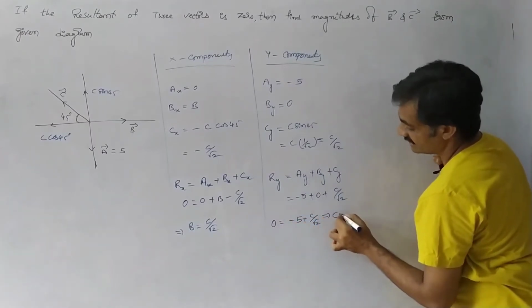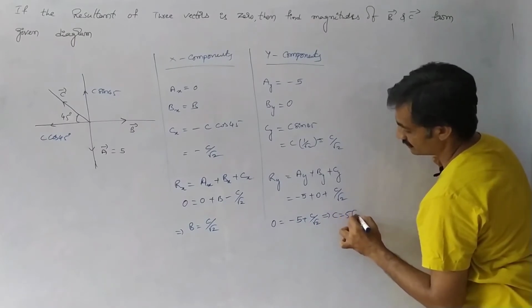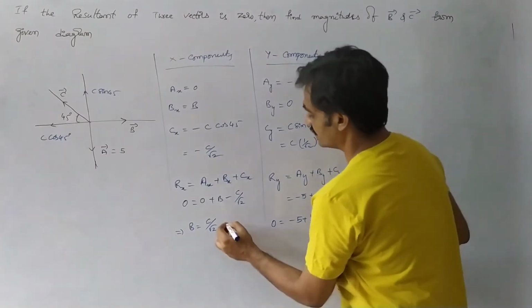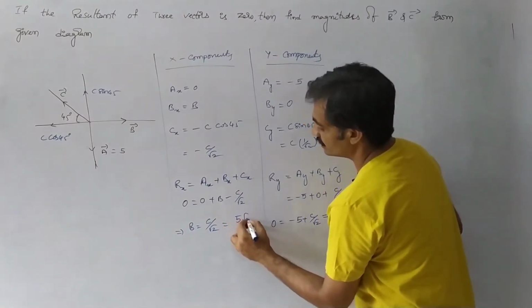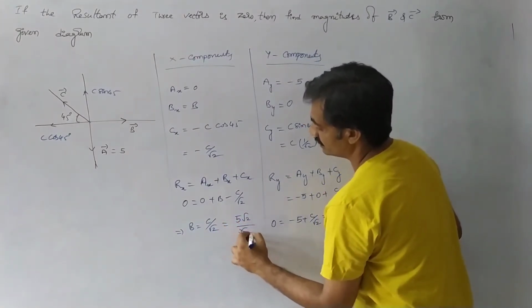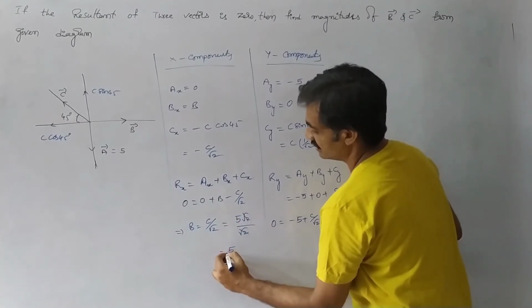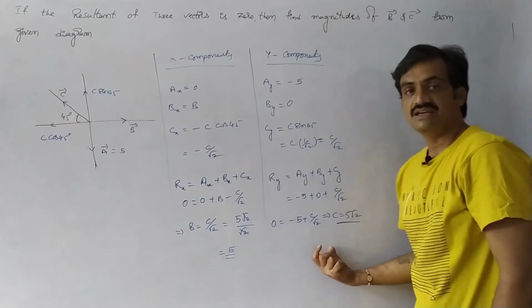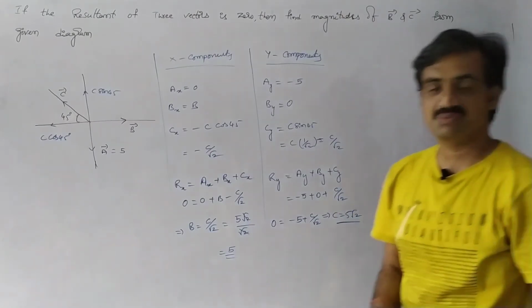From this equation we can write C equals 5 root 2. If we substitute this value in this equation, we have 5 root 2 by root 2. Root 2 and root 2 get cancelled. We get B equals 5. So these are the magnitudes of B and C. Take a screenshot. We will continue with the next problem.